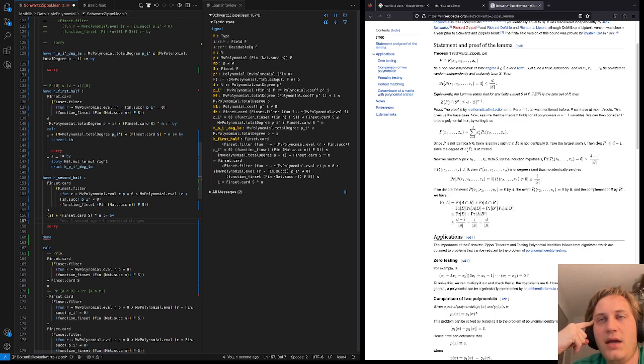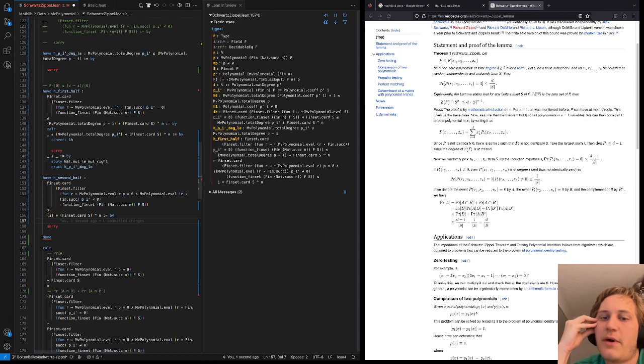Right? If P sub I is not equal to 0, then P x1 R2 through Rn is of degree I, and thus not identically 0. Okay, is this a second? Okay, this is going to blow my mind.